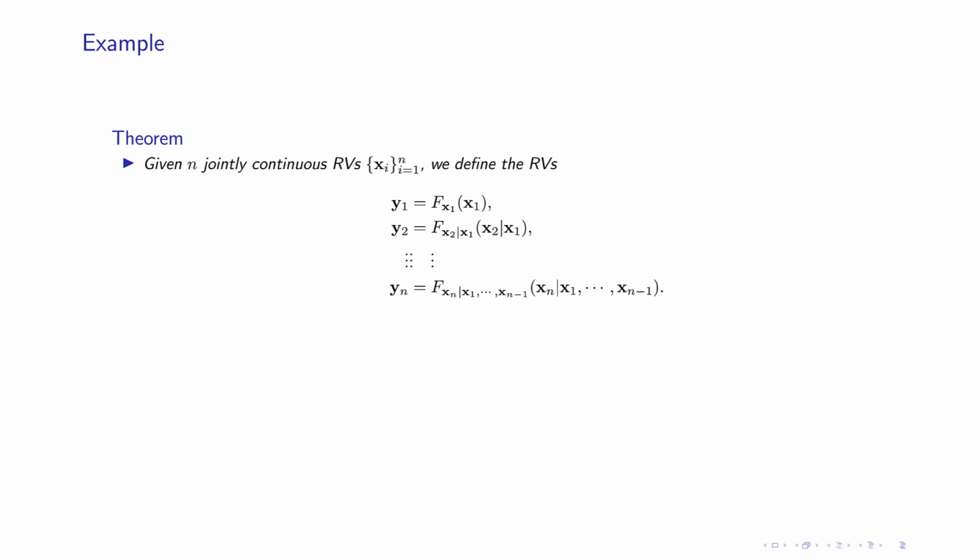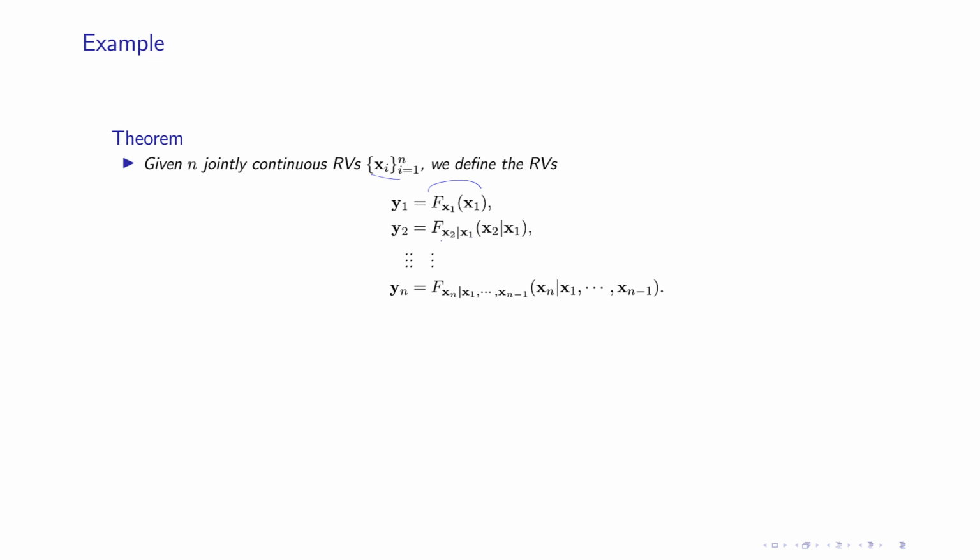Using this chain rule, you can easily prove this theorem: if you have any n joint random variables, and suppose that you have the joint distribution, the joint CDF or PDF, you can easily calculate the CDF of the first one, the CDF of the second one given the first one, and so on.